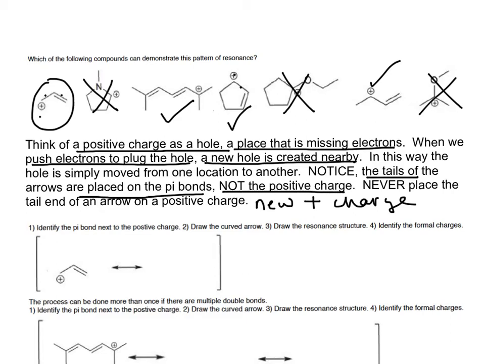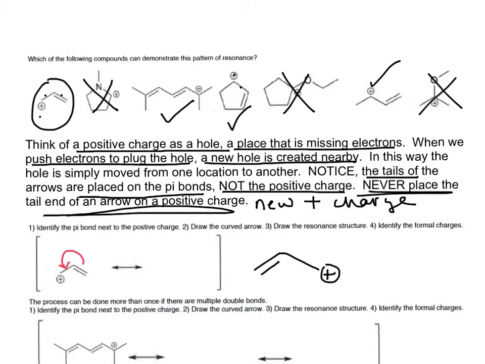We are not going to ever push the positive charge. So here, the pi bond is what moves. And that generates a new hole.